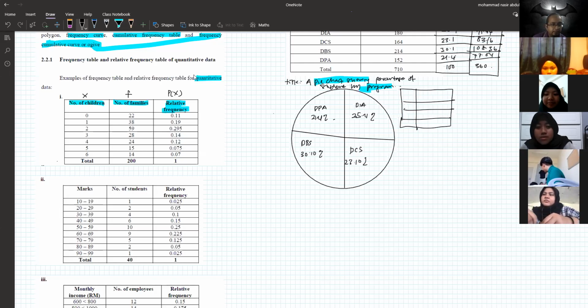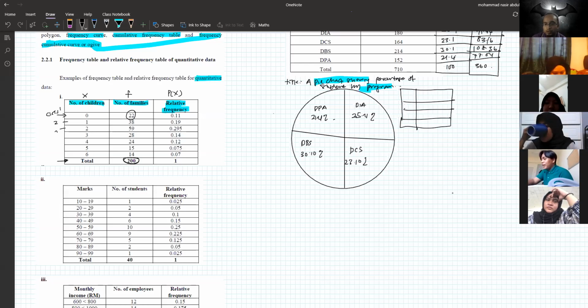And remember, the last row should indicate the total. Each row represents a class. This is class 1, this is class 2, 3, 4, and so on. And this is the frequency value. The number of families who do not have any children is 22 out of 200.